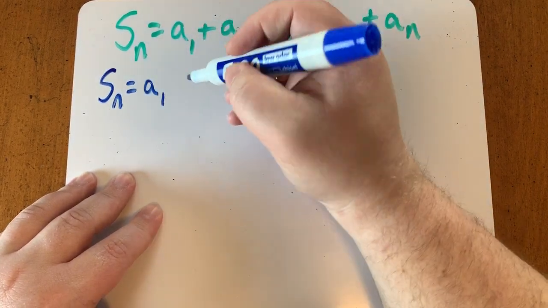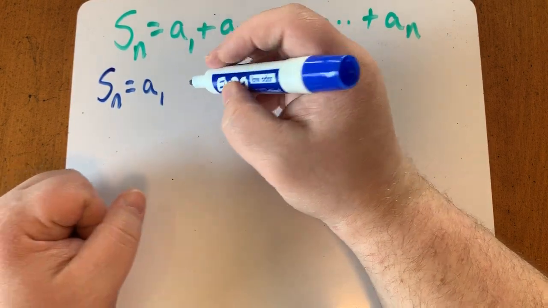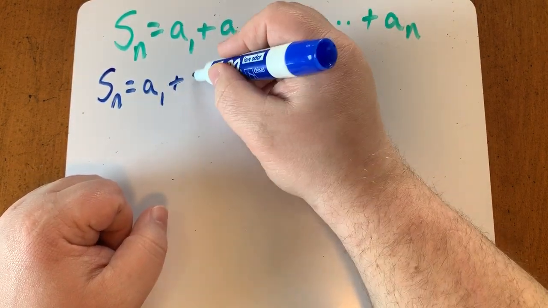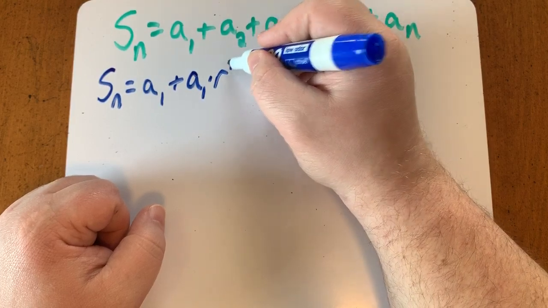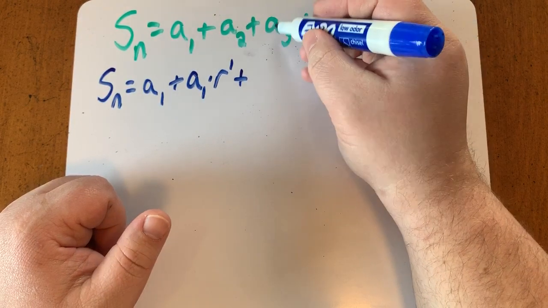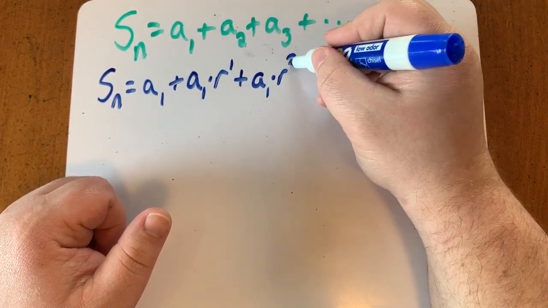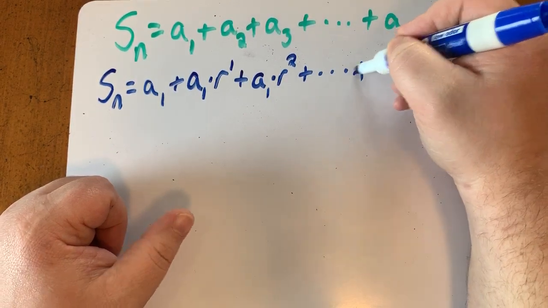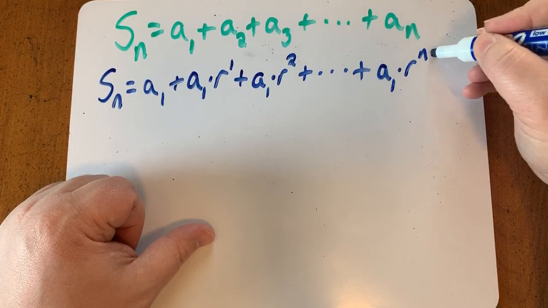So a1 is just a1 because it'd be times r to the 0. R to the 0 is just 1. a2 is a sub 1 times r to the 1. I didn't need to write that one up there, but I'm going to. a3 is a sub 1 times r to the 3 minus 1 or 2. And a sub n is a sub 1 times r to the n minus 1.